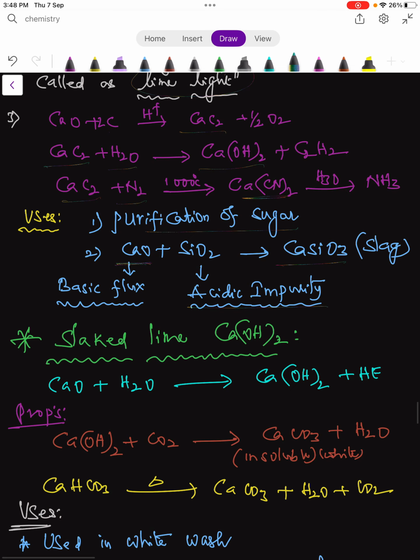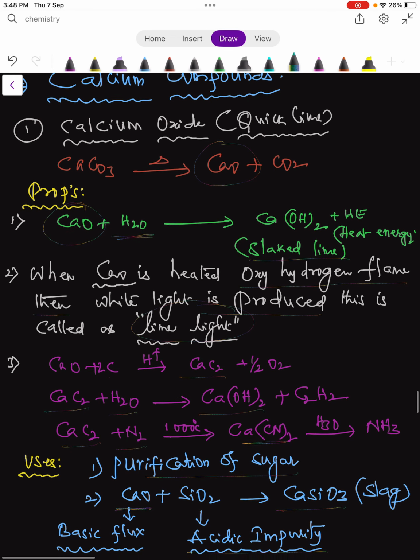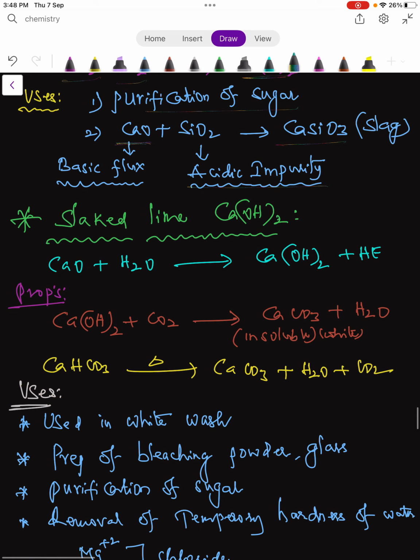Next, slaked lime. Slaked lime is nothing but calcium hydroxide. It is prepared when calcium oxide is treated with H2O, forming Ca(OH)2, along with which heat energy is released.